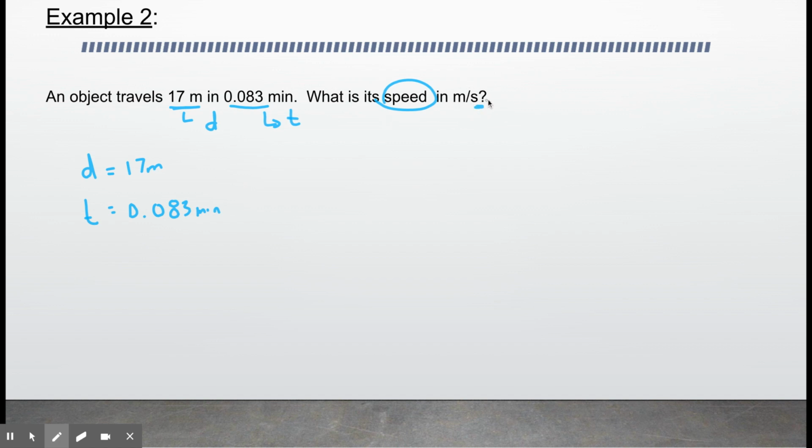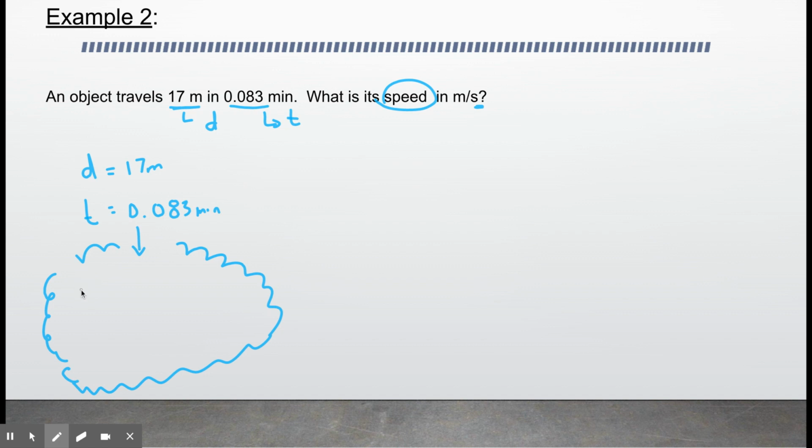That unit right there tells me I have to change my time into seconds. Okay. So what that means, this is our little side piece again, okay? And you always want to show all your steps. So if you do make a mistake in this conversion, I can still mark your understanding on everything else. This is just a number calculation.